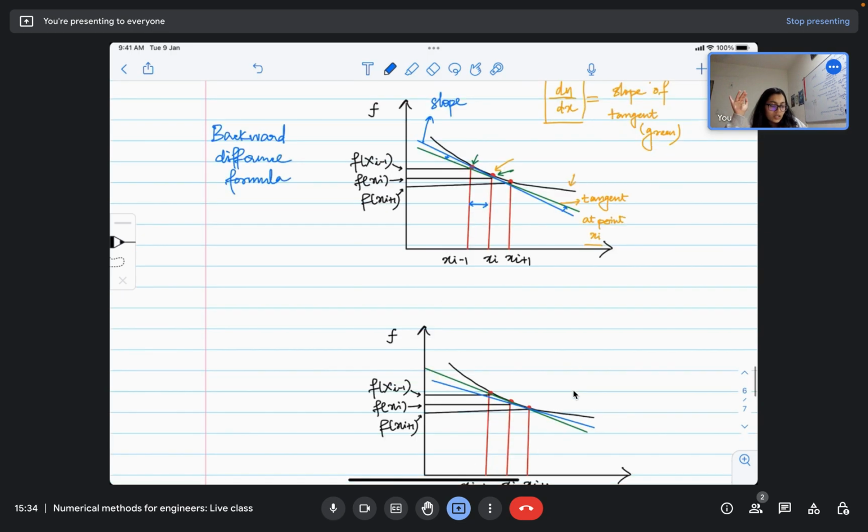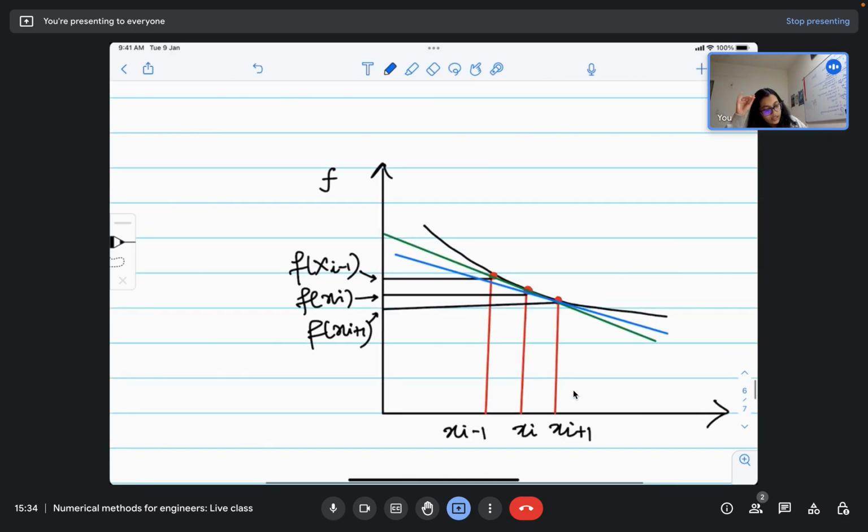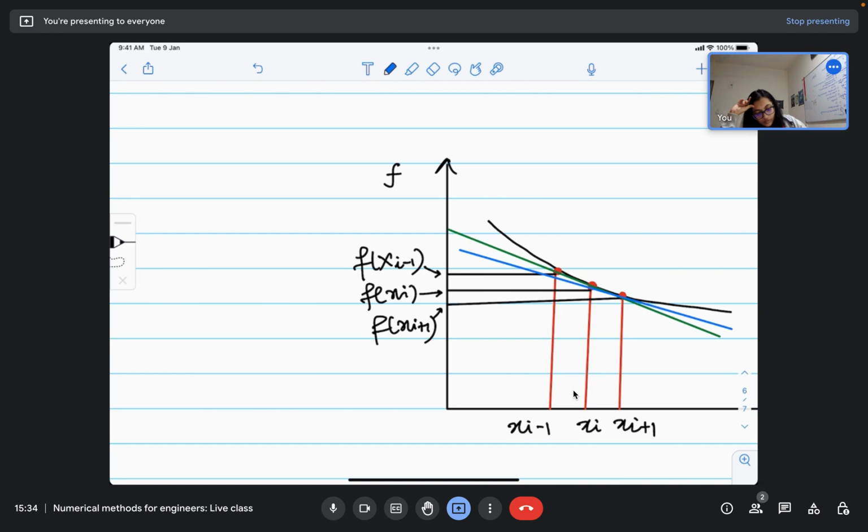Okay. Similarly, let's go ahead and understand what is happening in the case of forward difference formula.